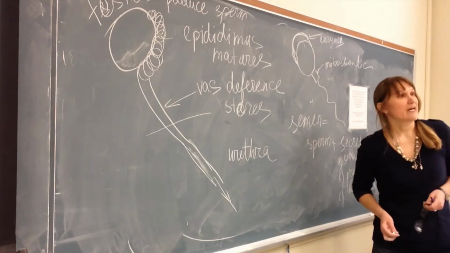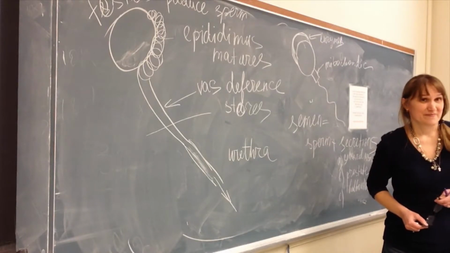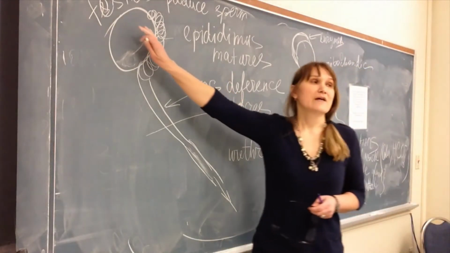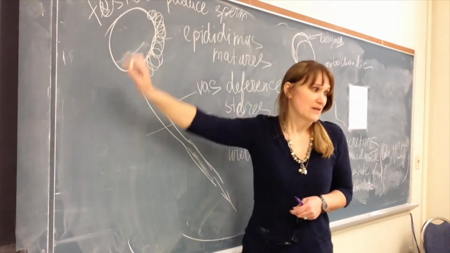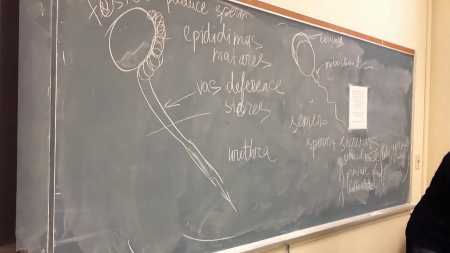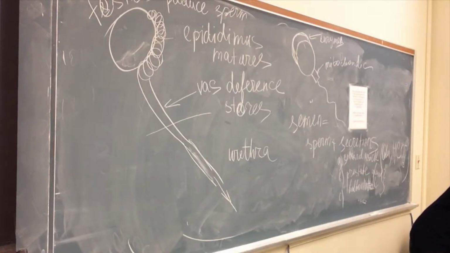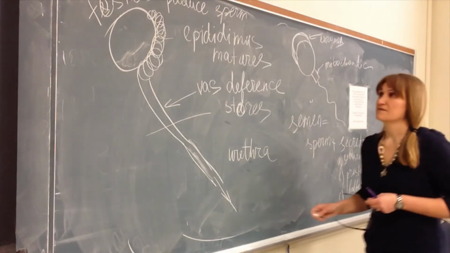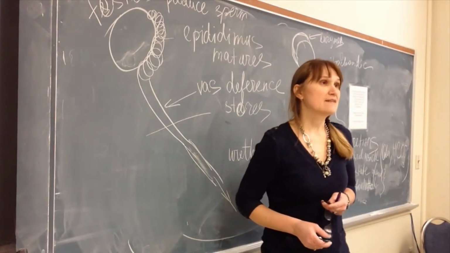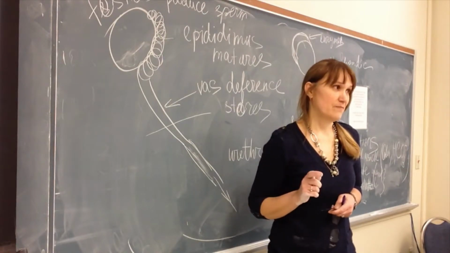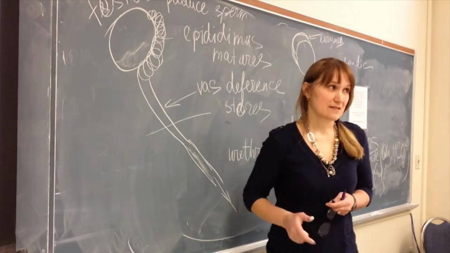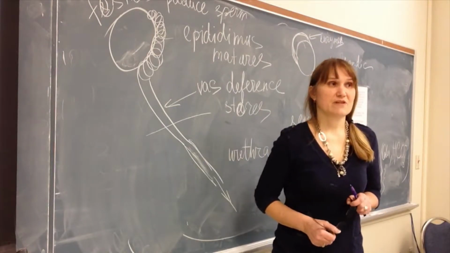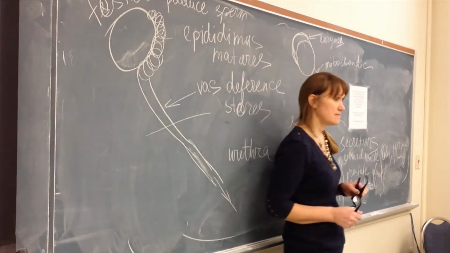Alright, the question is, where is testosterone produced? Between the seminiferous tubules in the testis, there are special cells called interstitial cells, meaning between, that produce testosterone. Testosterone is necessary for developing secondary male features.